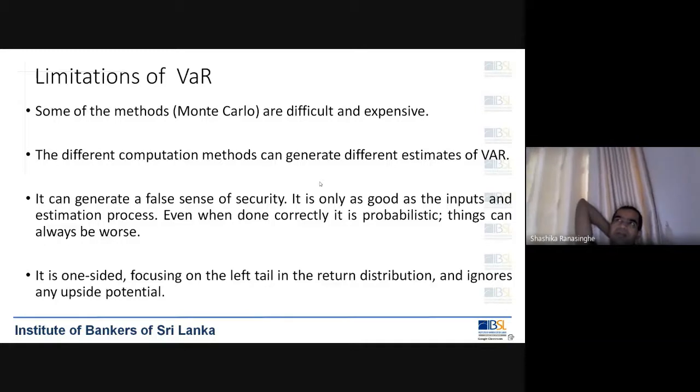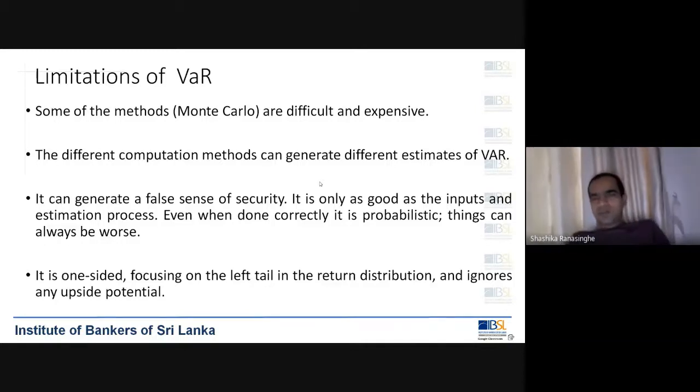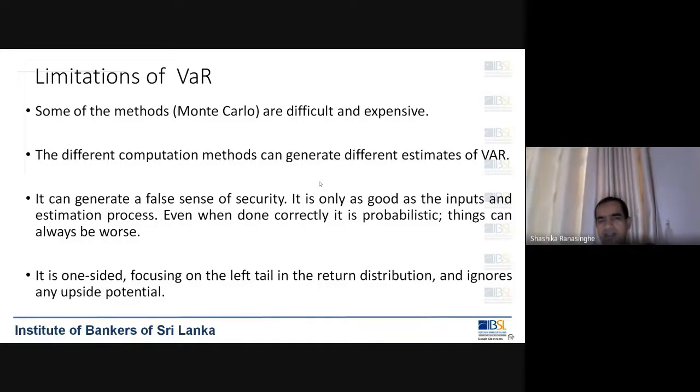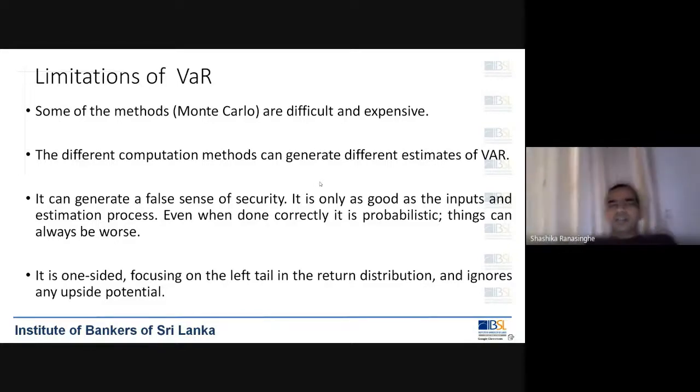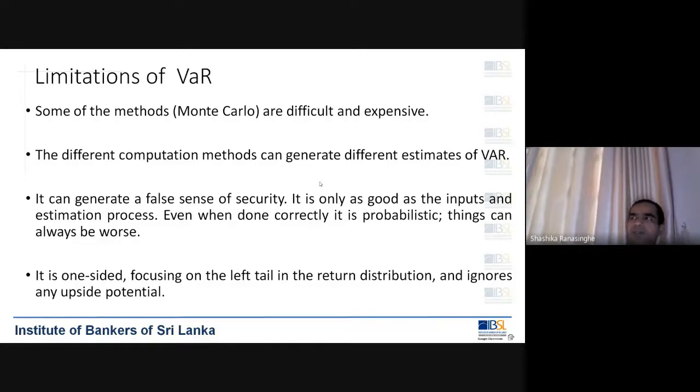So you cannot afford to be overconfident. Just because you do VaR, it doesn't mean you have everything covered. It is one-sided. It focuses on the left tail in the return distribution and ignores the upside potential. So these are the limitations of value at risk. You don't even consider what the upside is going to be like.